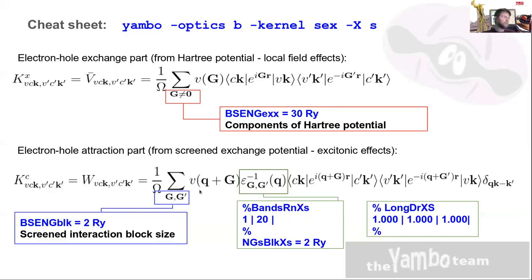And since you have a sum, you need that the cutoff on this object is at least equal or eventually bigger than the cutoff on the whole kernel. So these few input variables are the same which we saw before in the static screening level, and are just reported here for comparison. I remind you that you can directly put them in the simulation for the BSE if you don't want to pre-compute the screening.